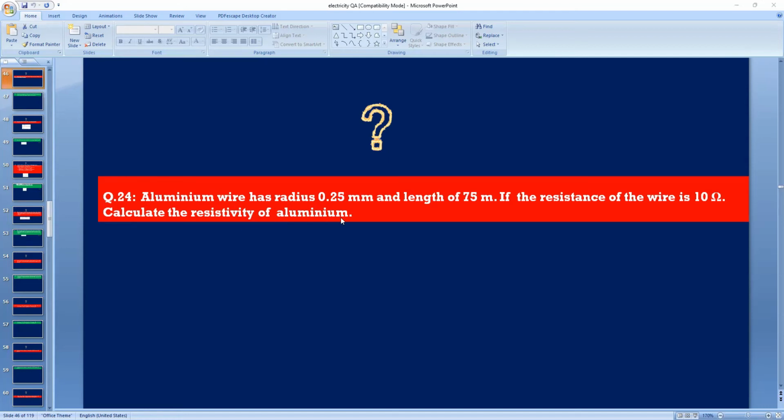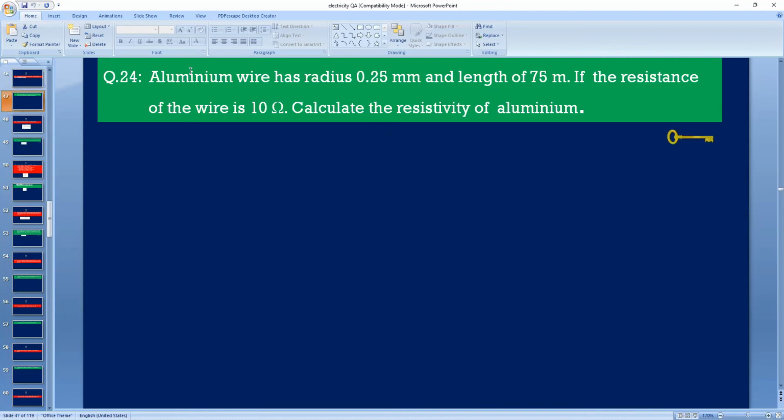Answer for this: an aluminum wire has the radius 0.25 millimeter. Convert into meters. 0.25 into 10 power of minus 3 meters, or 25 into 10 power of minus 5 meters.